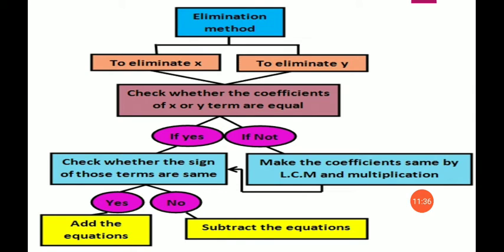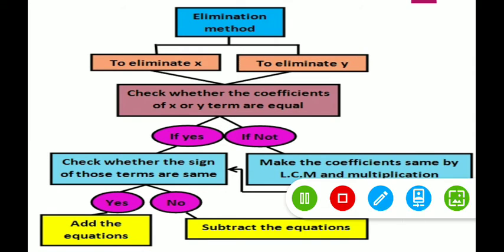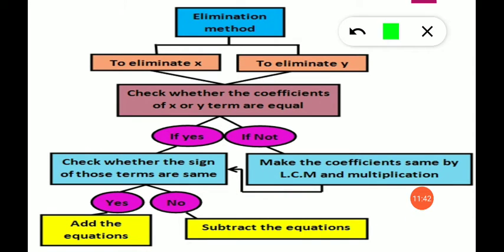Then this is the flow chart of the elimination method. Elimination method, the first step is either to eliminate x or to eliminate y. We have to decide which variable we want to eliminate. Then we have to check whether the coefficients of x or y, whichever we have chosen, are equal or not.